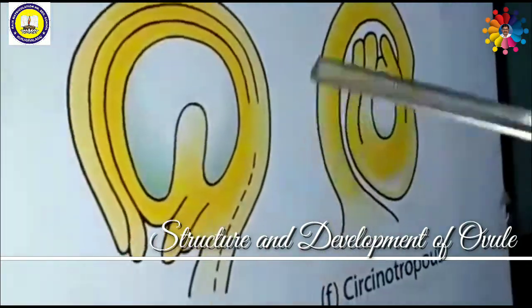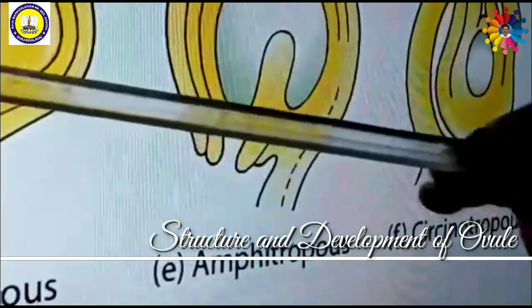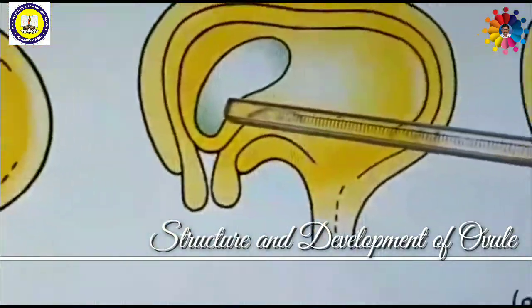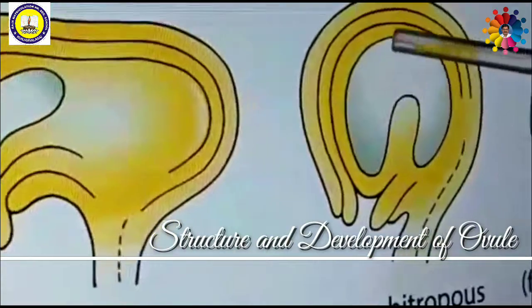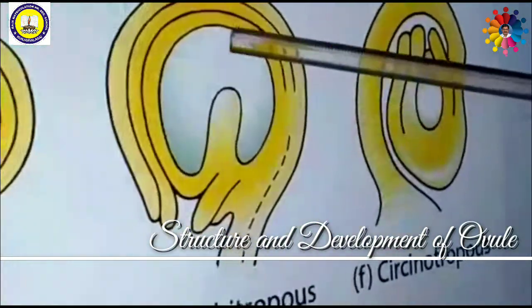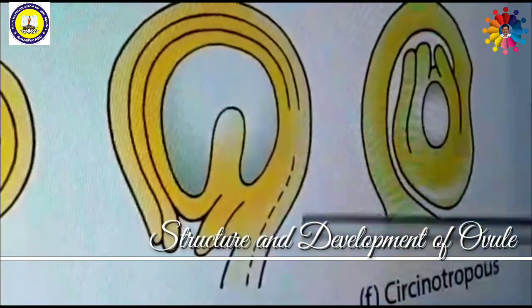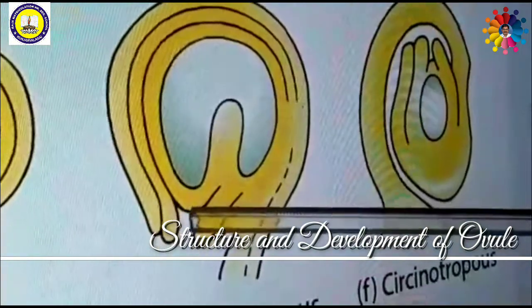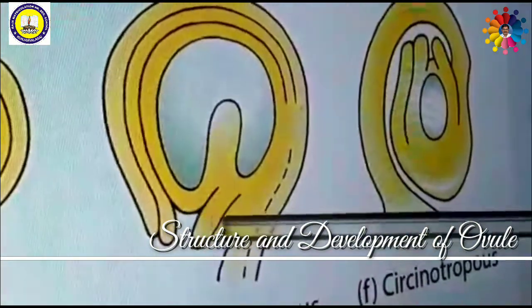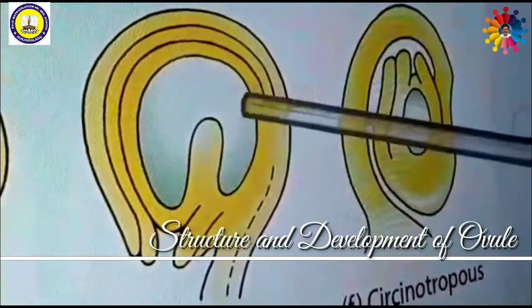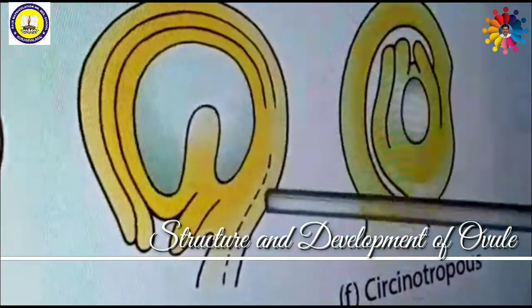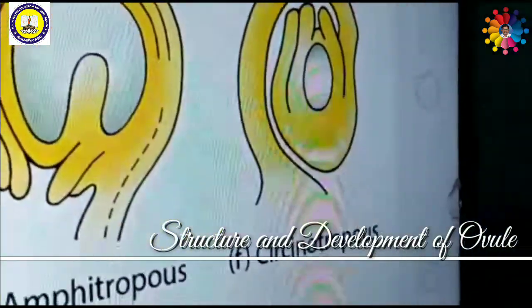This amphitropous ovule is still more curved. For example, see here, the embryo sac as well as the nucellus are completely curved to form a horseshoe-shaped structure. Moreover, the funicle and the micropyle are very close to each other, forming a horseshoe-shaped embryo sac and nucellus. Then this type is called amphitropous.